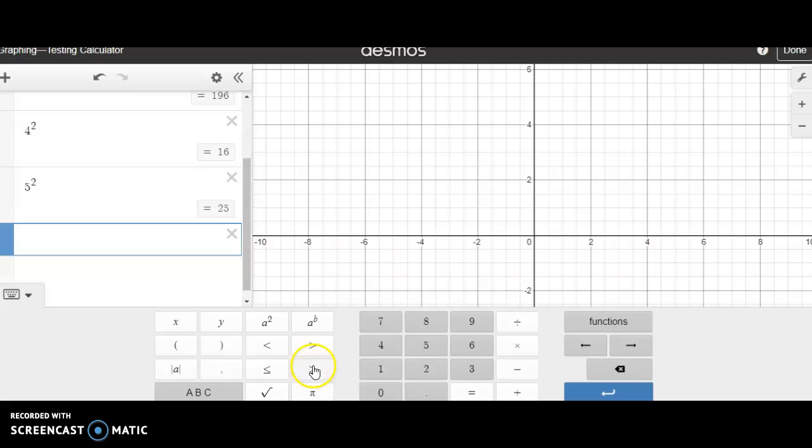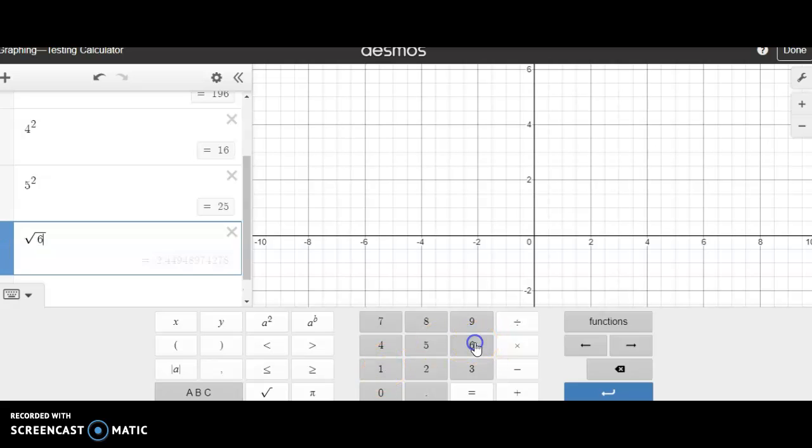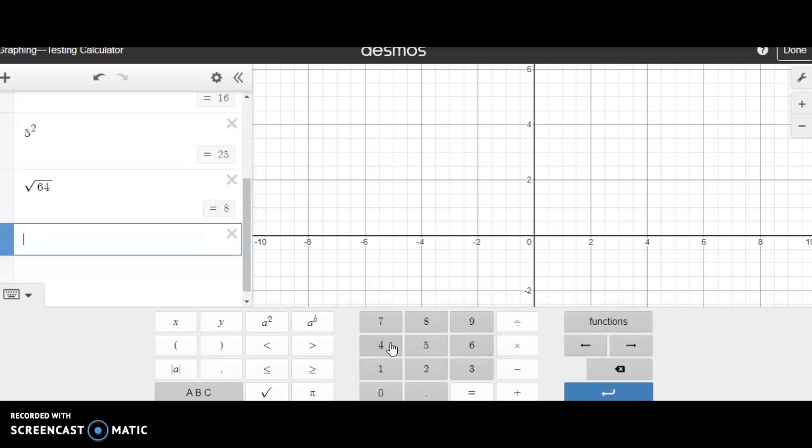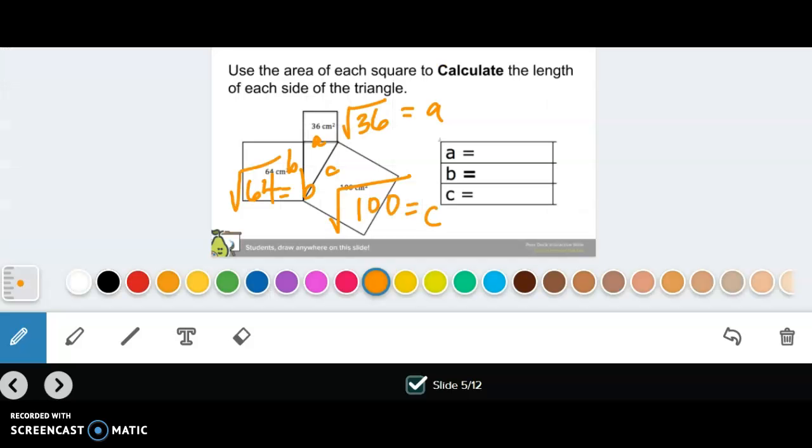Okay, so remember the square root key is down here next to ABC. One of those numbers I remember was 64, so I'm going to do that first. So the square root of 64 was 8. So my side B, the measurement is 8.